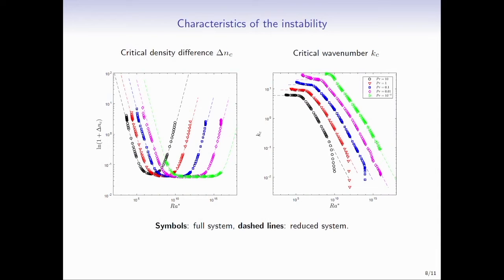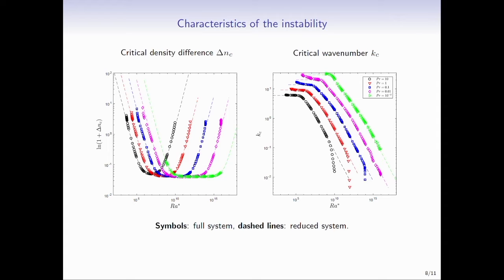So your system initially is going to be more and more unstable, needing less of a density difference for the instability to set in, but to the point after which further increase will lead to a stabilization effect. This is quite unlike convection, where increasing gravity would mean that I need less of a temperature difference for the instability to set in.